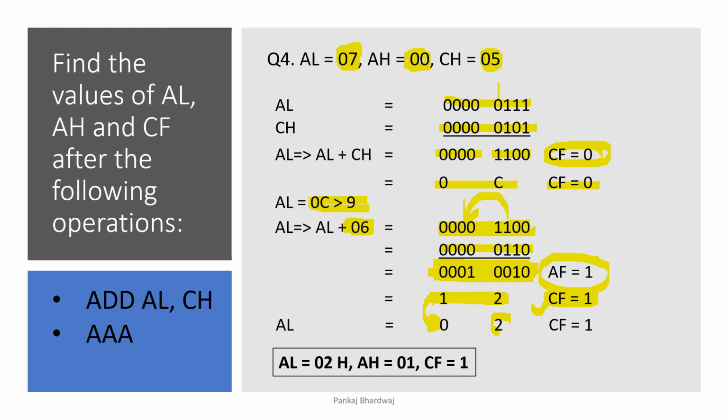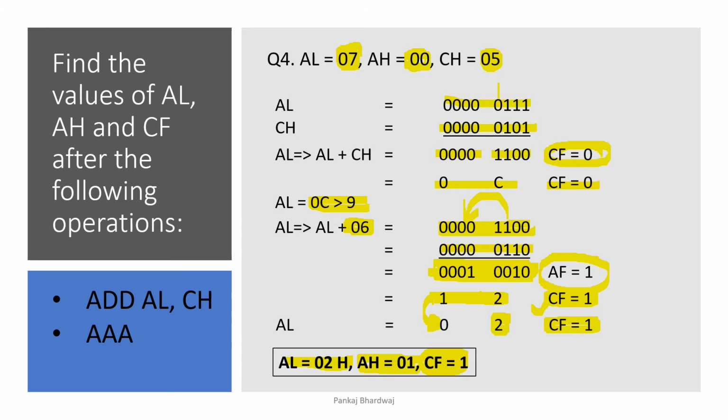And this 2, the lower nibble, is the same. So this lower nibble will be stored in AL. The upper nibble will be stored through the carry flag in the AH register, that makes AH as 01. And as there is a carry, that means CF equals 1.